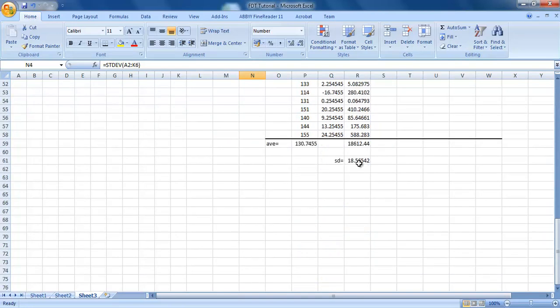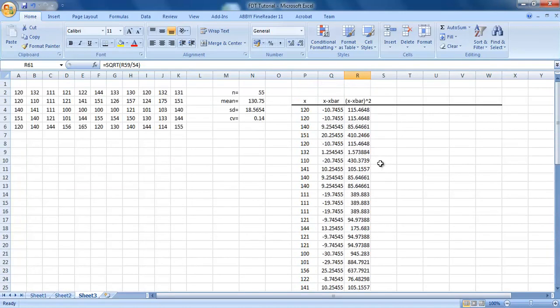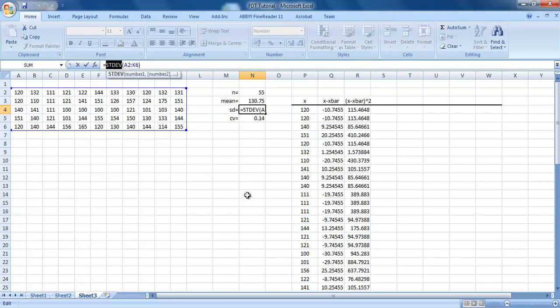And when we did the computation manually, we got 18.56542. So the same. In fact, Excel is using this technique, the actual definition of the standard deviation, in order to calculate the return value for this built-in function, STDEV.